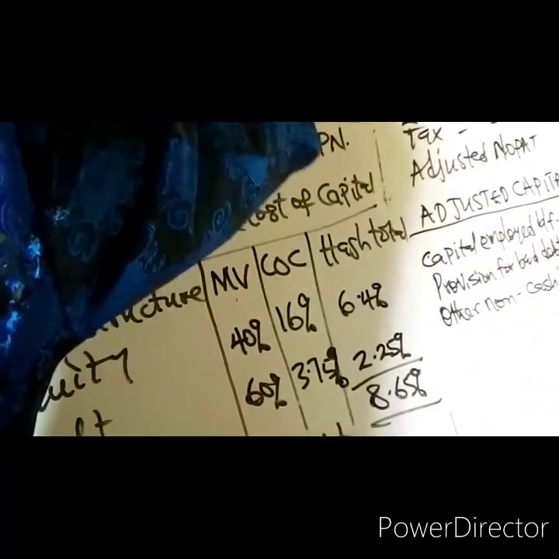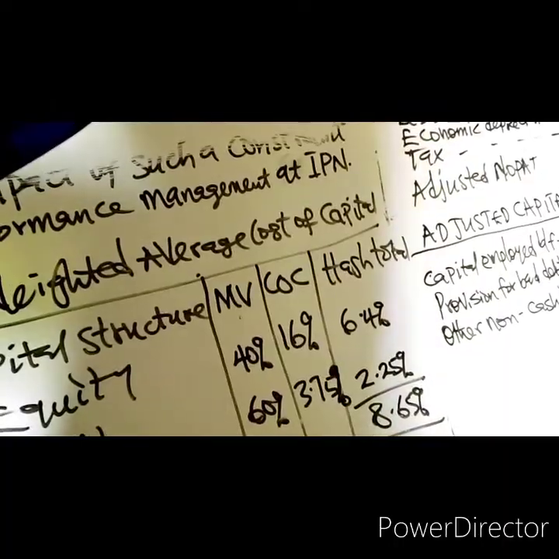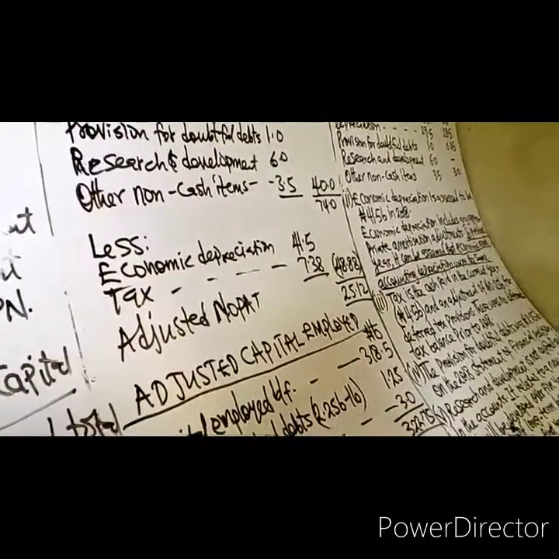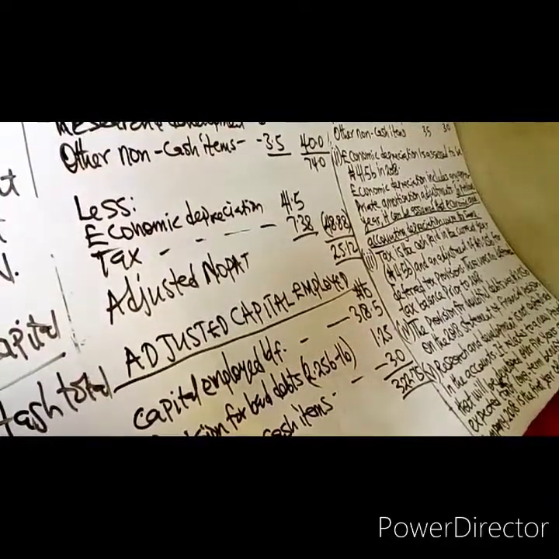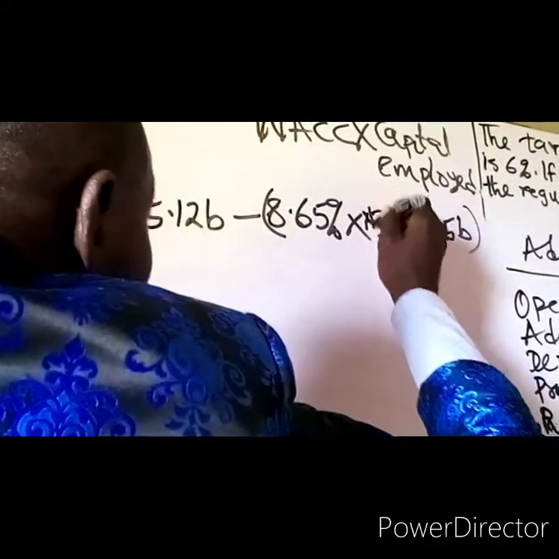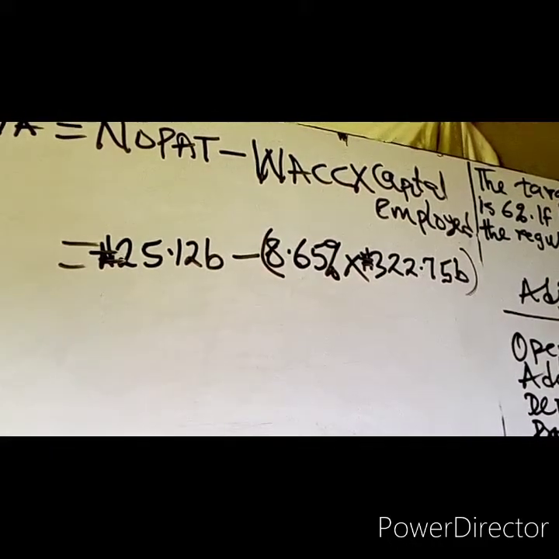Minus WACC, and our WACC is 8.65% times the capital employed. Our adjusted capital employed is 322.75 billion naira.